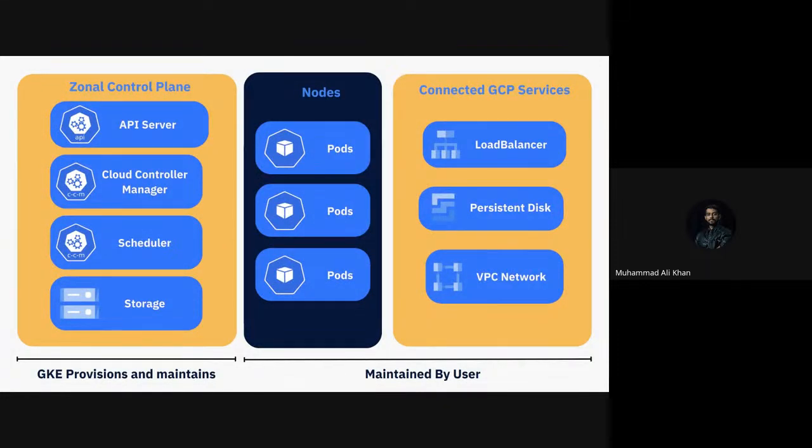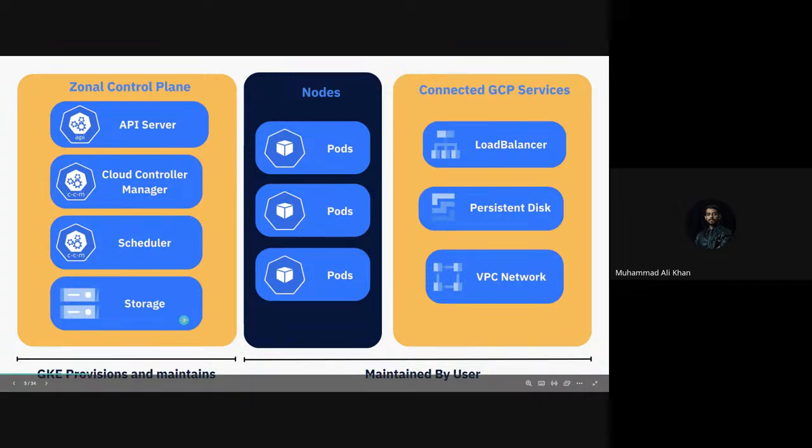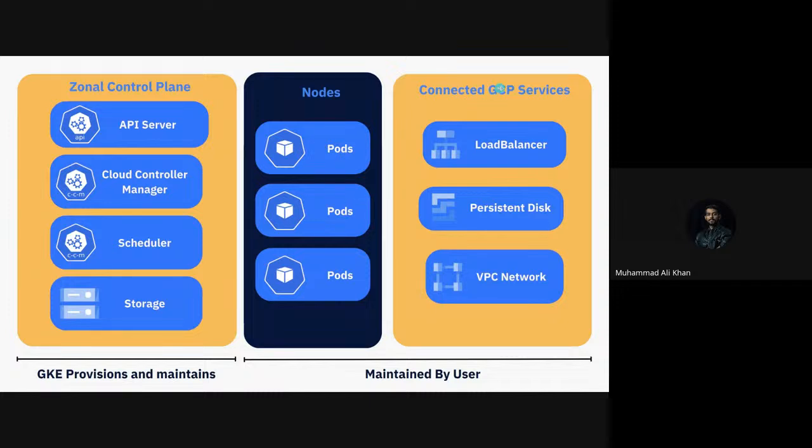Here, if you are using a GKE Standard mode of operation for your Kubernetes clusters, the zonal control plane that contains the API server, cloud controller manager, scheduler, and storage is maintained and provisioned by GKE itself. But you have to manage your GCP services like load balancer, persistent disks, VPC network, and worker nodes, which are hosting your applications.